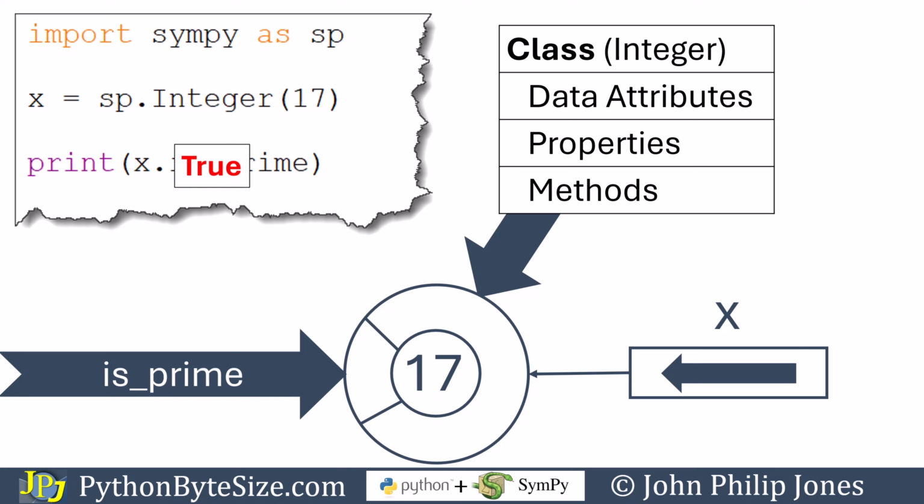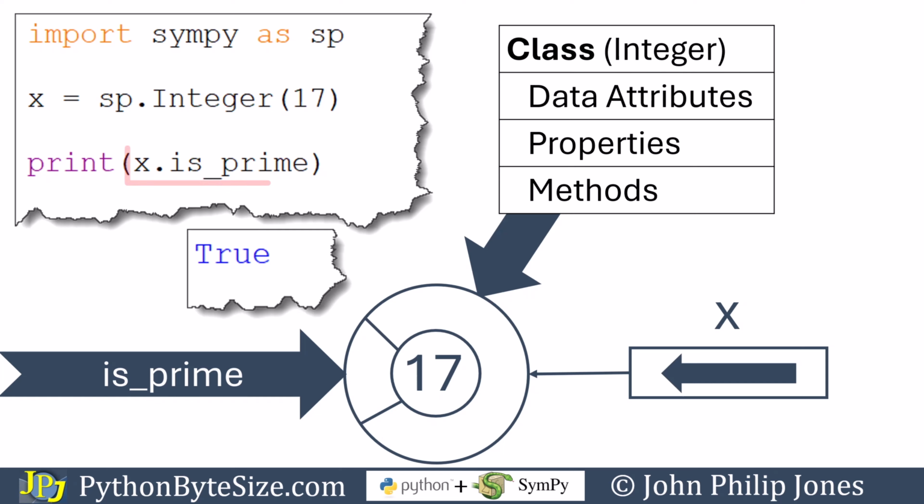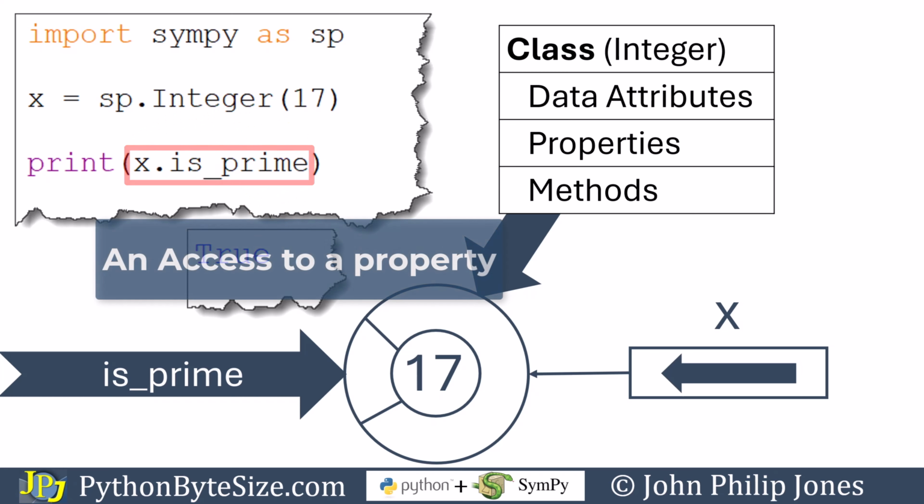And of course, this is then printed, and the runtime that's coming into view now shows you it is true. Now, a careful look at this tells us that we're dealing with a property, because in this position, there is not an open and closing brackets. So this is an example of a property.